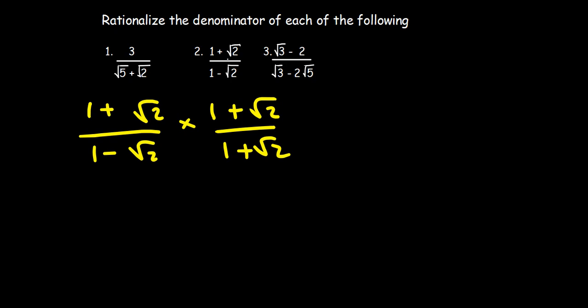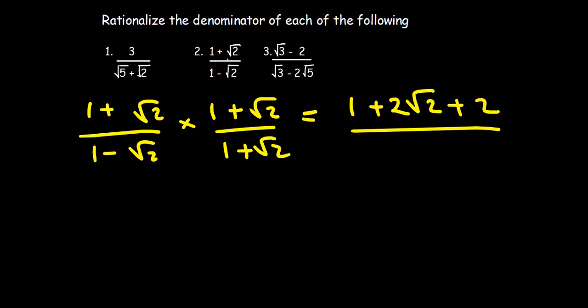When I multiply the two on top, I get 1 plus 2 root of 2 plus 2, just multiplying the same way you do with algebra. For the bottom, I get 1 squared minus root of 2 squared.